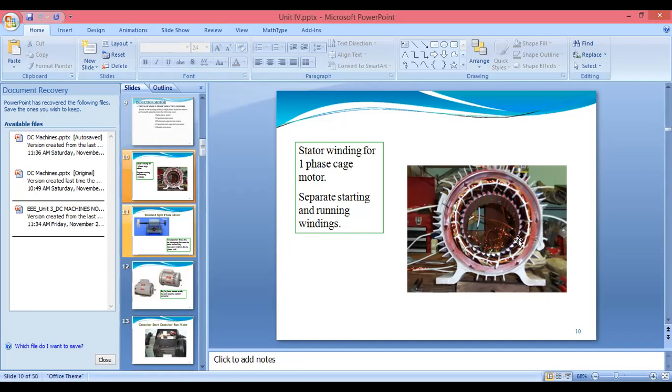And this rotor will be connected to the mechanical load through the shaft. It means when we give the power supply and the rotor part rotates, the load, there are different types: industrial load, domestic load, agriculture load. So this rotor part will be connected to the load through the shaft, and the rotor is mounted on the shaft using a bearing at each end.